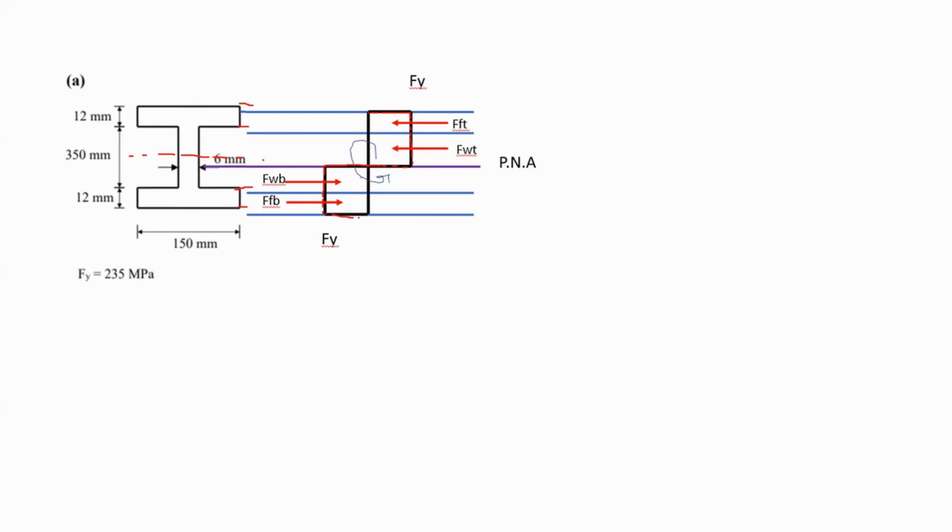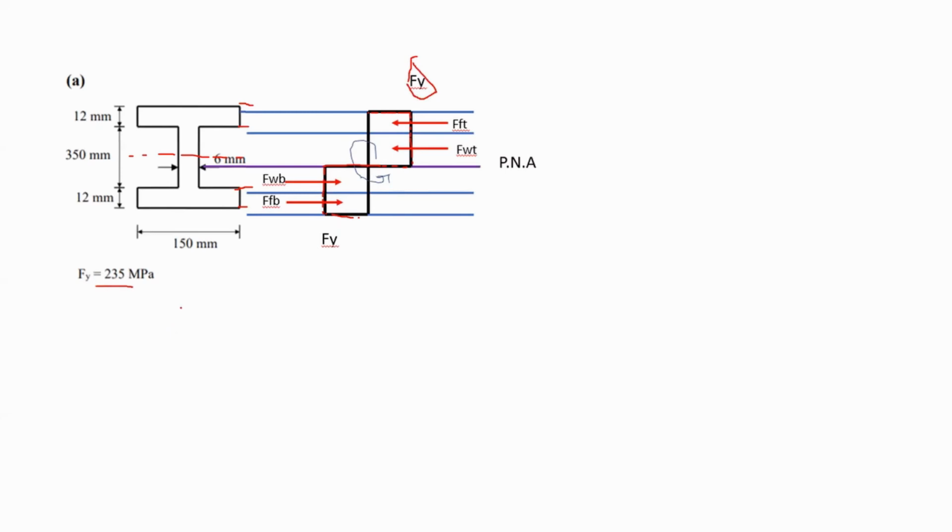Now, since we understand this stress diagram, I have to locate the forces that I have. From the stresses, we know that force divided by area gives us a stress. This is our stress Fy, which is given to us as 235 megapascal.